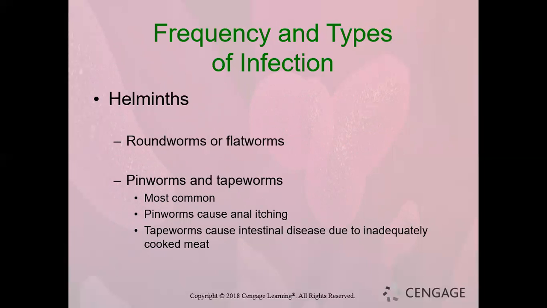They happen in children a lot, and I've always heard of a tape test where they would put tape on the child's bottom because the pinworms would come out more at night, I guess, and then they would get stuck to the tape and you'd be able to see them. But usually in these kids, from what I've heard, I've never actually seen this, they'll be scratching at their bottom quite a bit.